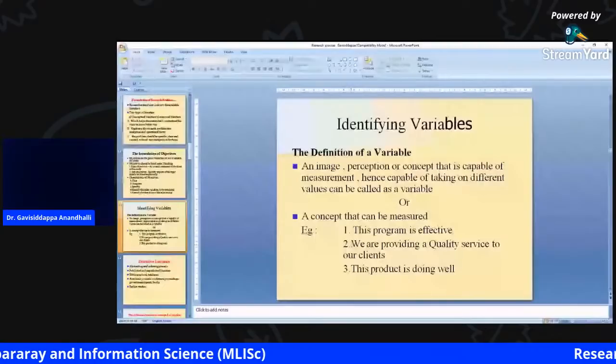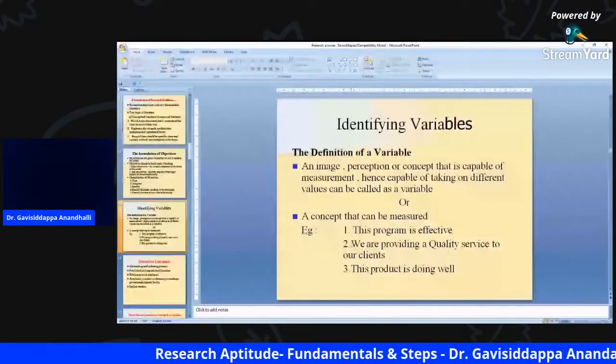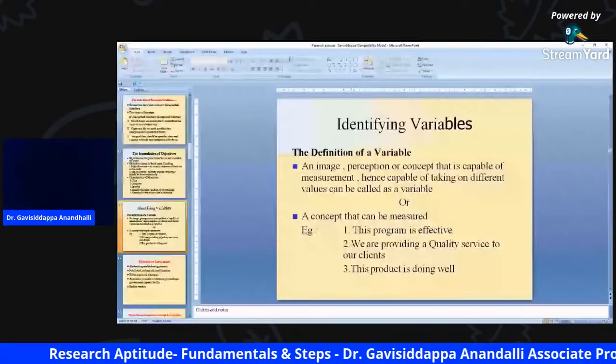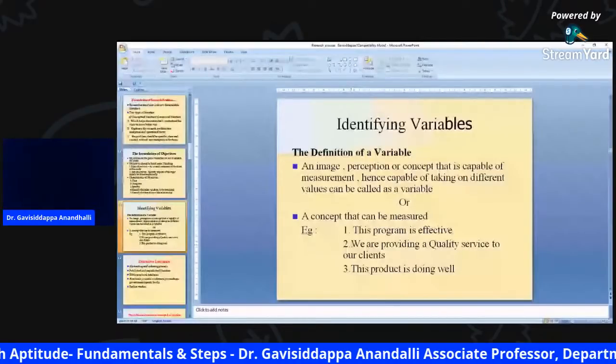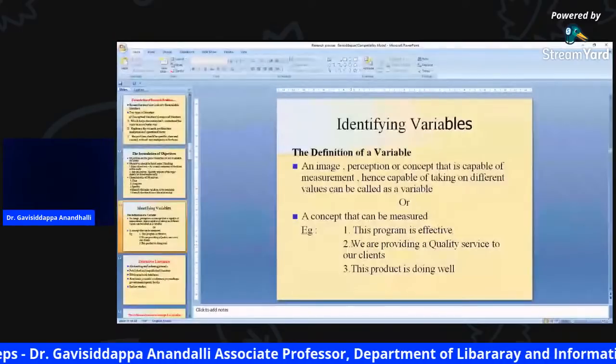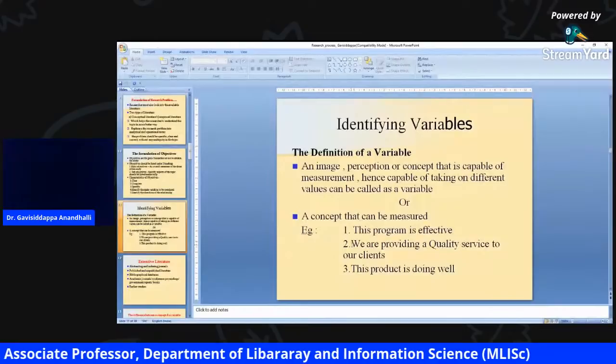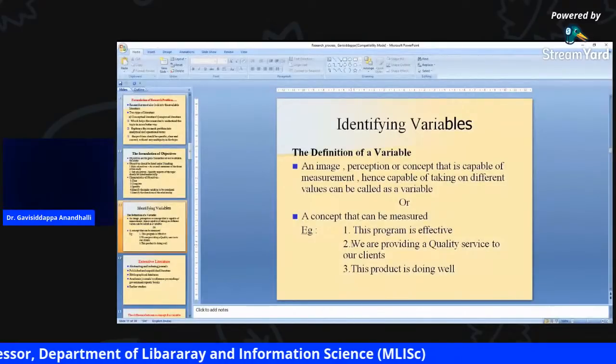For example, if I take the age of the respondent, age is a variable. What kind of variable? It is one of the independent variables. So how can you say it is a variable? Because this is a concept which can be measurable, which can take different numerical values for different respondents.